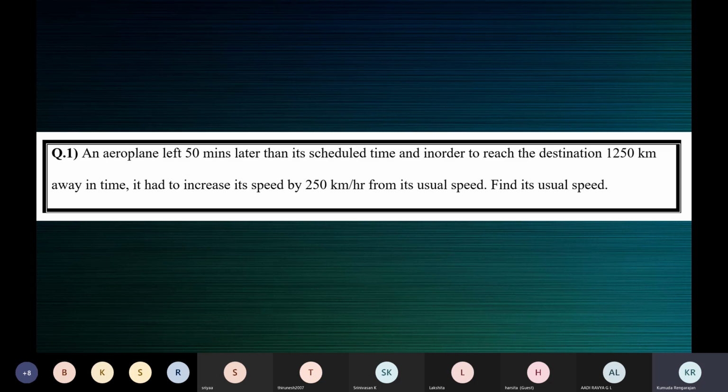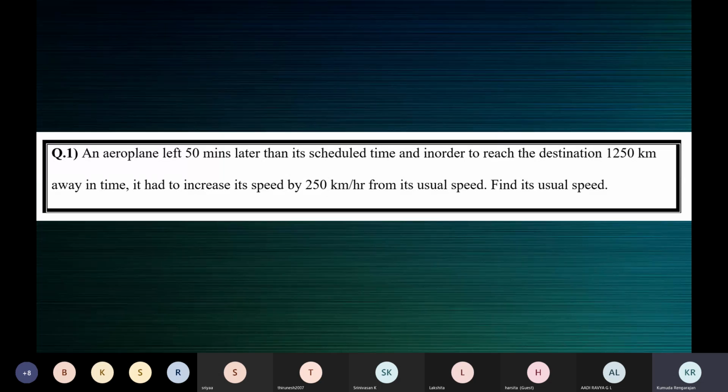And the difference in time taken is 50 minutes. How do you convert 50 minutes to hours? Ma'am, divide by 60. 50 minutes divided by 60 to convert 50 minutes to hours.